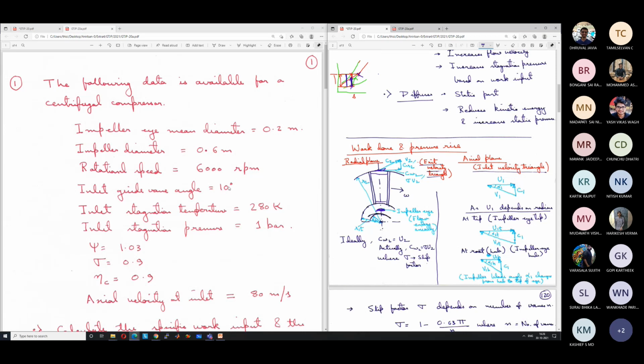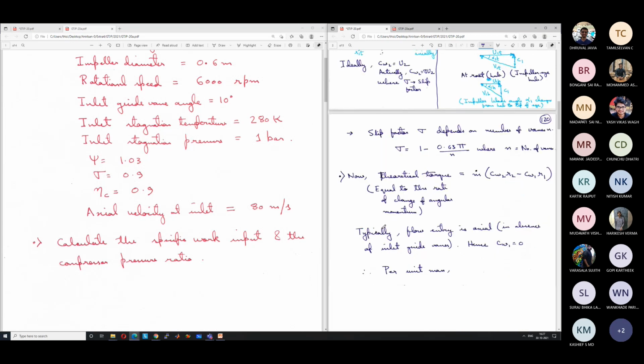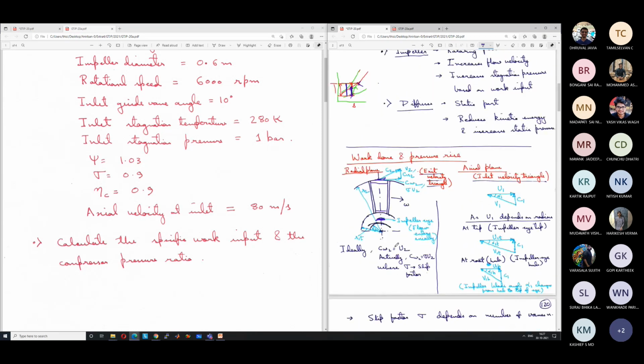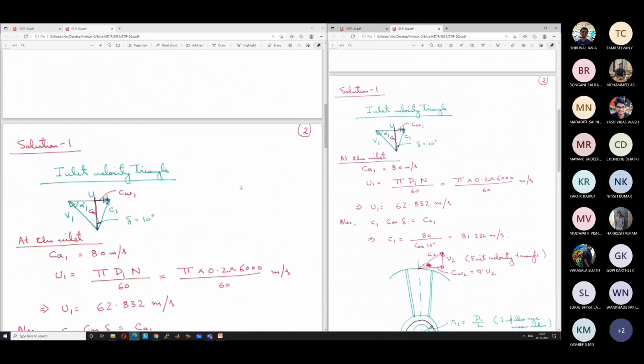The inlet guide vane angle is 10 degrees. Inlet stagnation conditions are given and all the factors are given to us. And CA1, the axial velocity at the inlet, is 80 meters per second. So we will start with drawing the velocity triangle at the inlet.